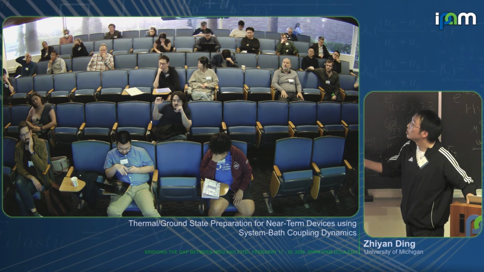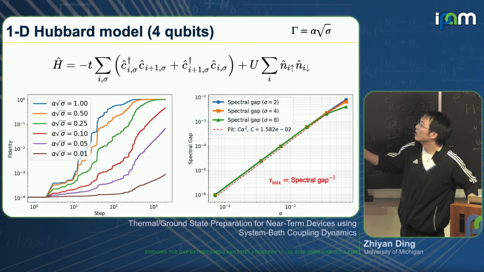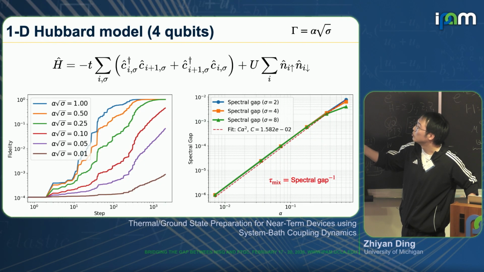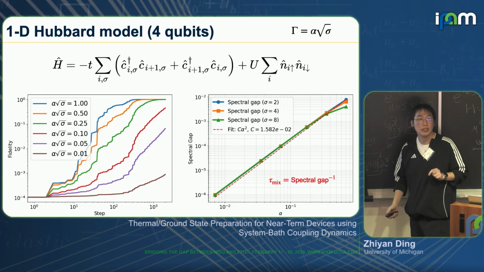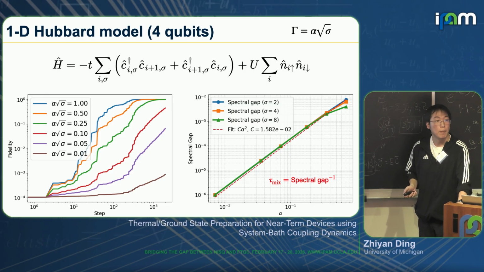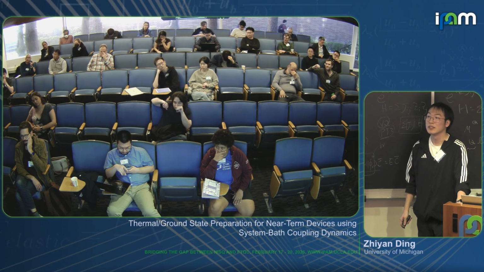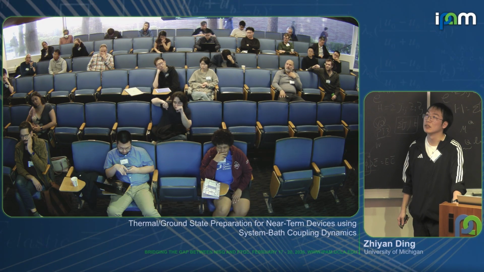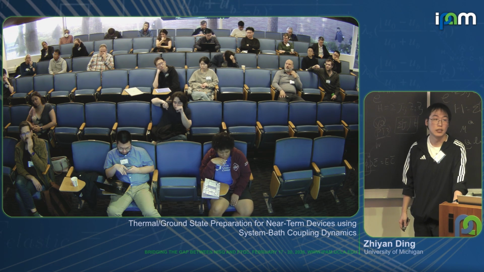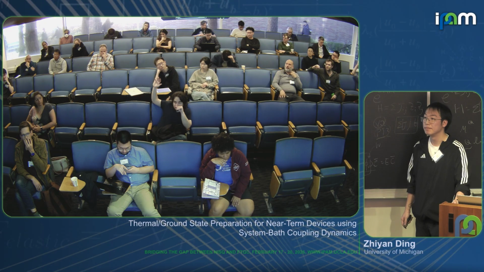Here I have four, which I think corresponds to two different sites, so only 2 particles. Does your thermal state have a fixed particle number? Is it canonical or grand canonical? No.